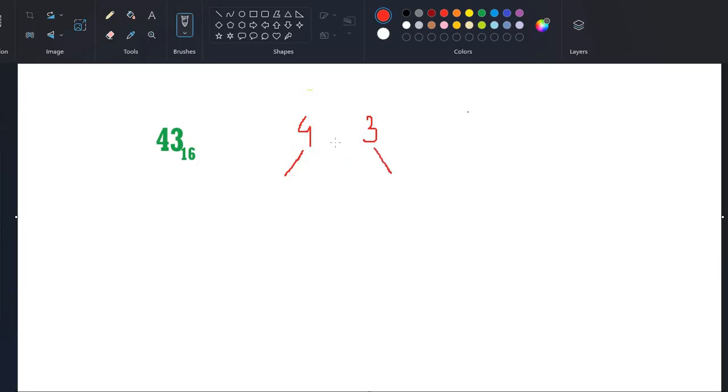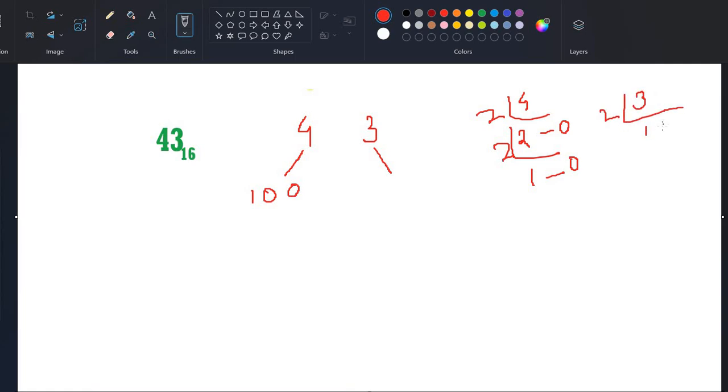So 4 means how much? 2 2s are 4, remainder 0. 2 1s are 2, remainder 0. So it will be 1 0 0. For 3, 3 means how much? 2 ones are 2. Then 1 will be the remainder. So it will be 1 1.